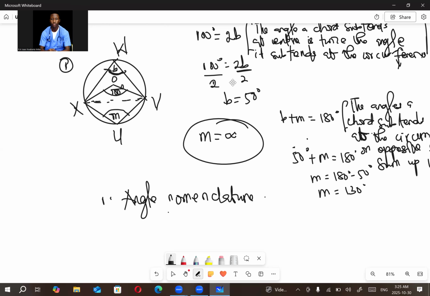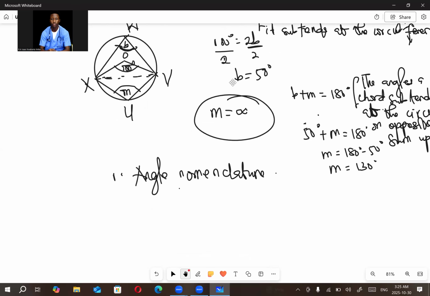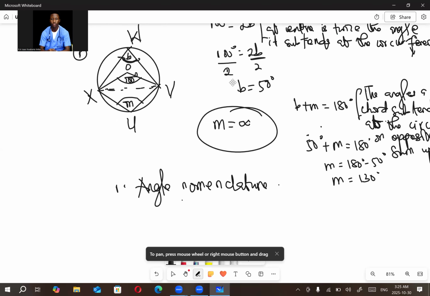So this is how we name angles. Let's document something down. If they had labeled the diagram for us like this, and there was no B in the diagram, we could have solved. You didn't have to draw again and put B in there like I told you earlier. Please, are you listening? You don't have to draw again.